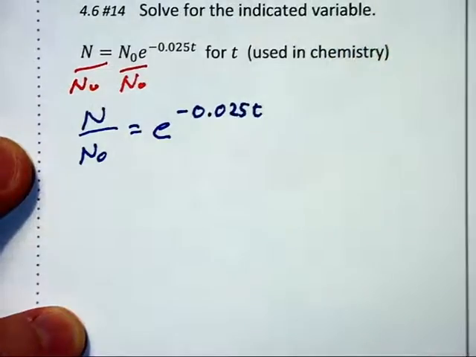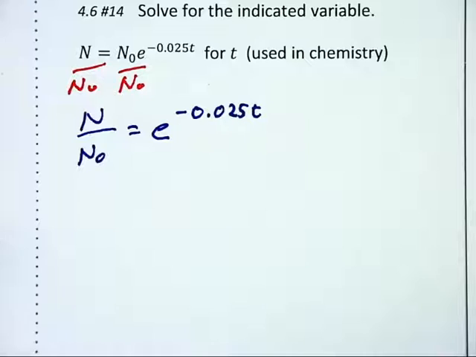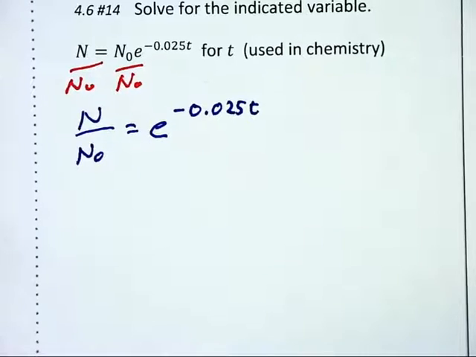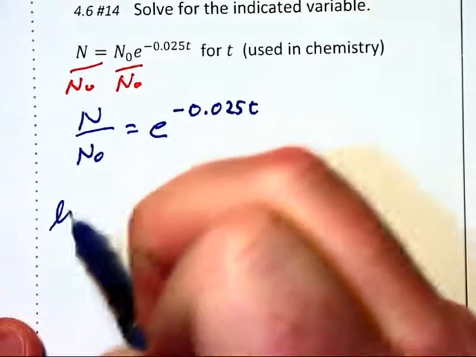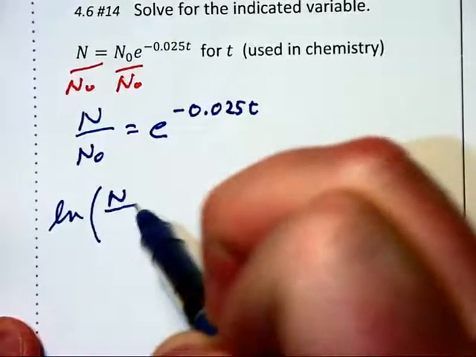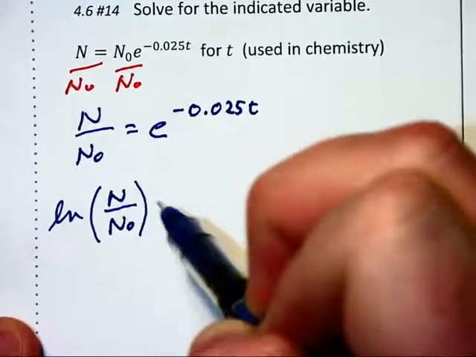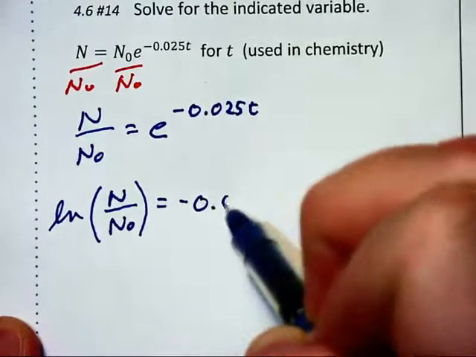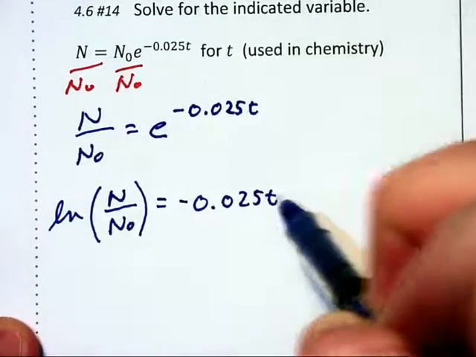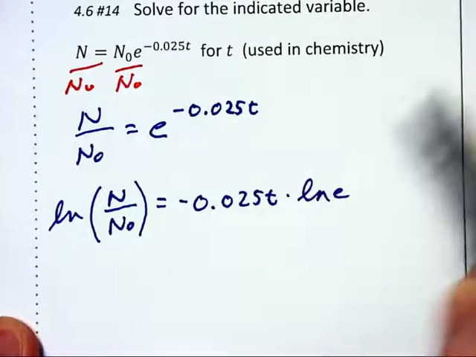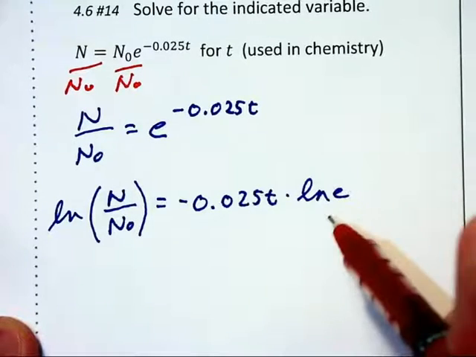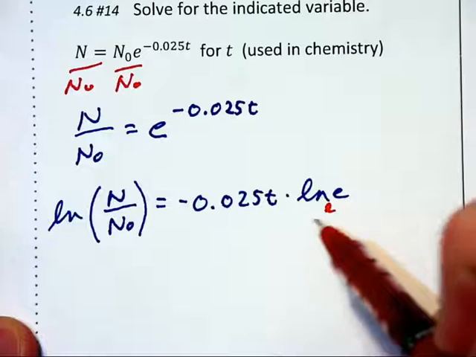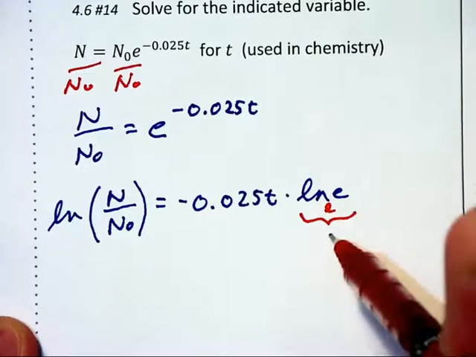0.025t. Because there's an e in the problem, it is going to be easiest to take the natural log of each side. That gives us the natural log of n over n sub 0 equals, the power comes down, negative 0.025t times the natural log of e. Now that natural log of e has an understood base of e, and natural log of e base e is equal to 1.